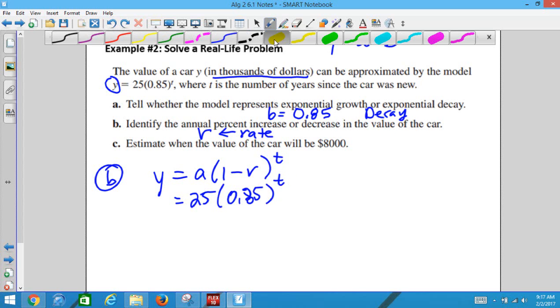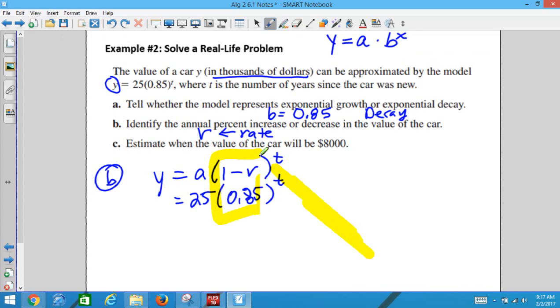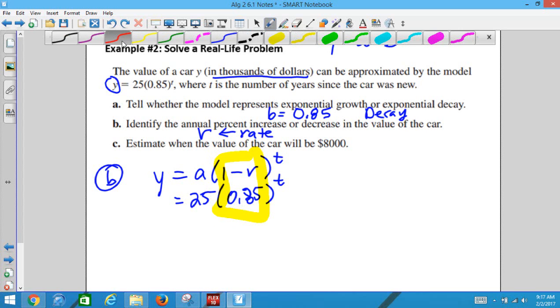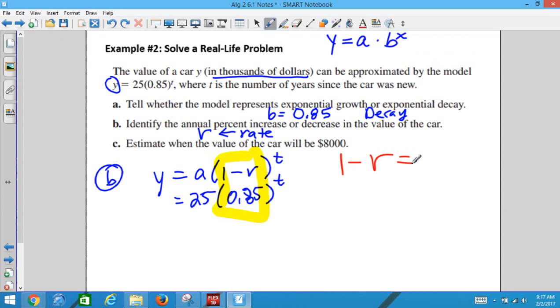When I set it up that way, you can see these two things are equivalent to each other, so I'm going to set them equal. I'm trying to find the R. I know my B value is 0.85, but I'm trying to find what rate it is decreasing by per year.